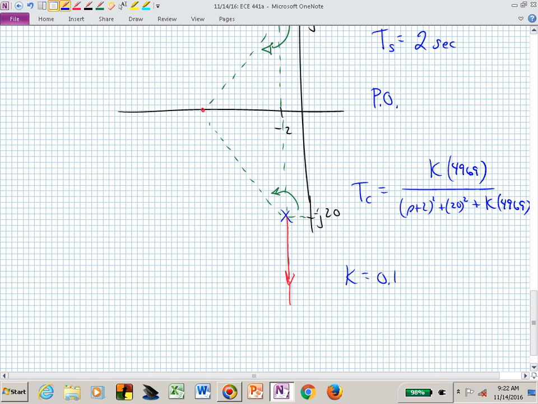It's still the same thought process. K is still changing omega sub d, or the natural frequency. If we put a K of 0.1, then the denominator becomes (s plus 2) squared plus 20 squared plus about 490, right?